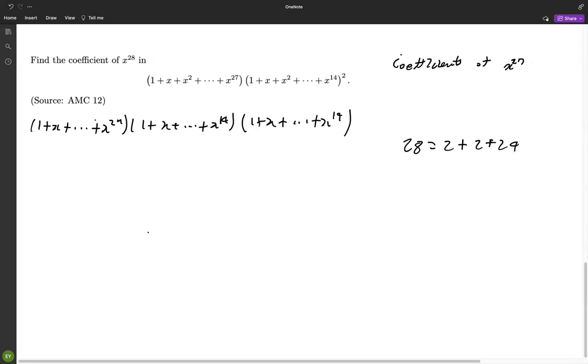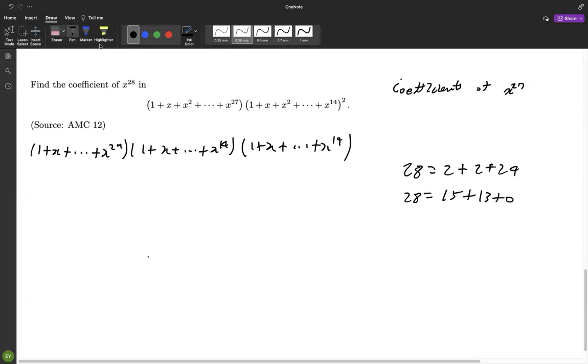That was what I was thinking at first, but then I realized this may not work because there's a case when 28 can be split into 15 plus 13 plus, wait, this case actually works. Maybe if we use stars and bars, it might work. I think I should try that again. But anyhow, I think there is a better approach to this problem.